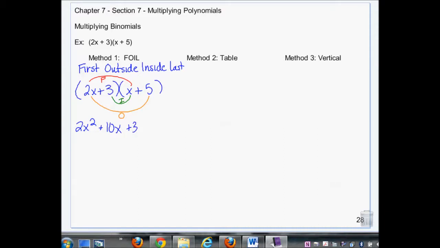And then I do the last. You got 3 times x. Oh, I did forget the x. 3 times 5 is 15. Okay, when I do this, my like terms end up in the center together. And I get 2x squared plus 13x plus 15.